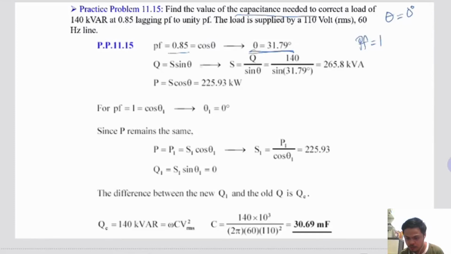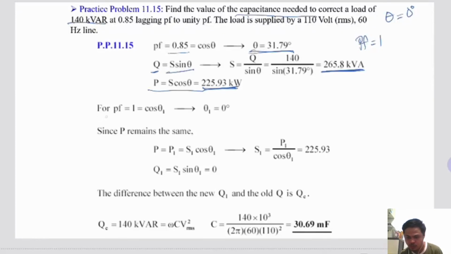To compute for S, given Q, which is 140 kVAR, Q equals S sine theta. So here we can determine the S value. From this S, we can now compute for P, where P is S times cosine theta. This gives us 225.93 kilowatts.